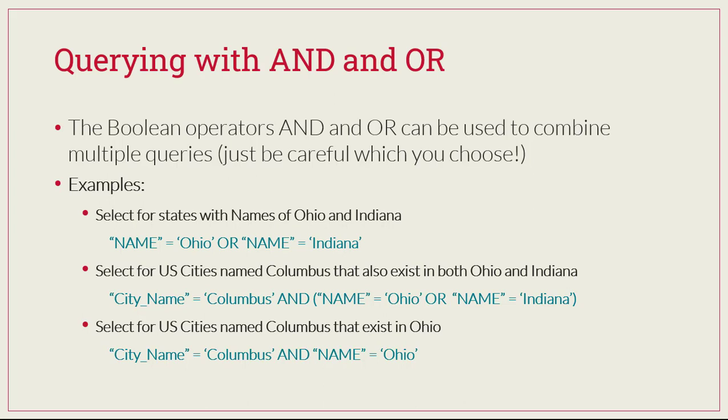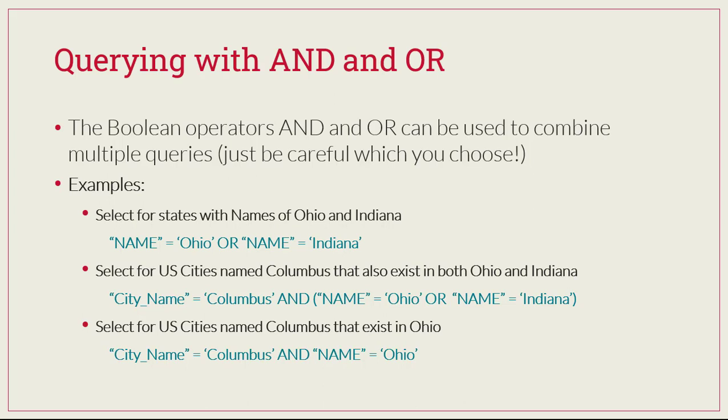You can also combine and or. You could select for all of the US cities that are named Columbus that are also within Ohio and Indiana. So if we want to select out all the cities that are named Columbus from a US cities data set, we would say city name is equal to Columbus. And if we also want to select out all of those that might hold information about our state name, we would use and.